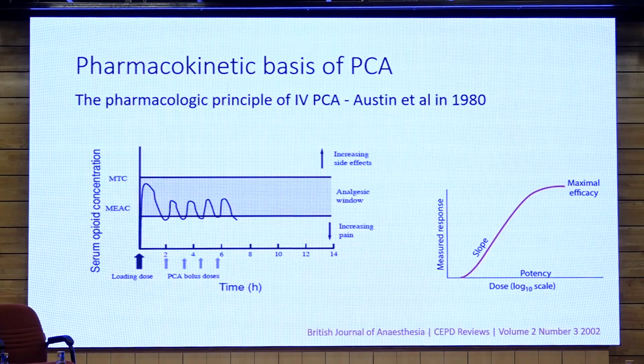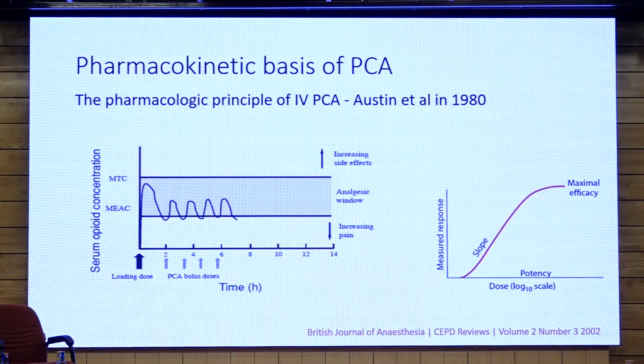The pharmacological principles of IV PCA were brought out by Austin et al. in the year 1980. They spoke about minimal effective analgesic concentration and the minimal toxic concentration. So the area between these two, the MEAC and the MTC, is known as the analgesic window.